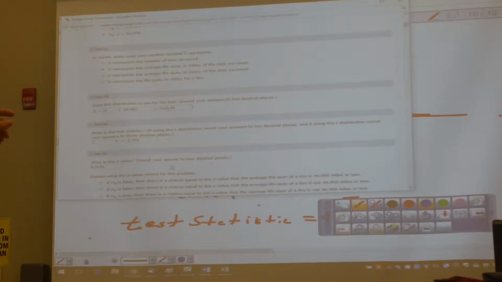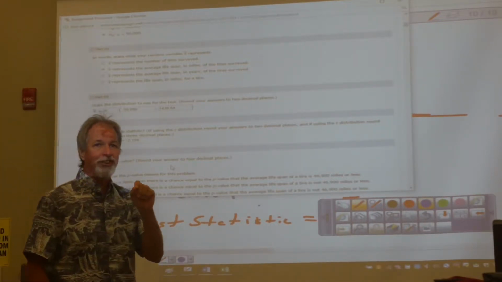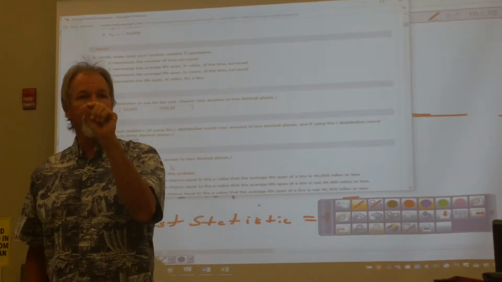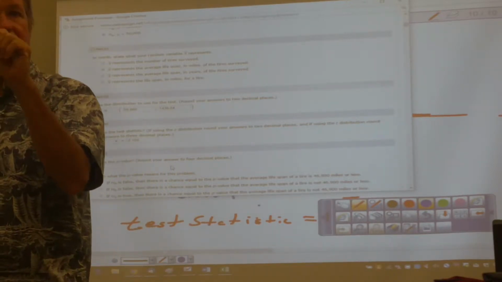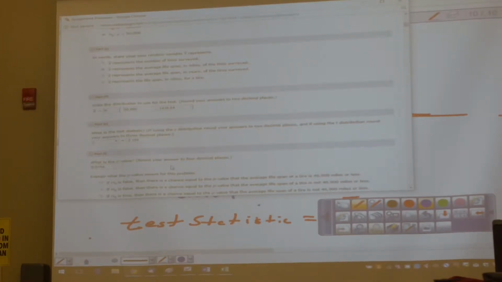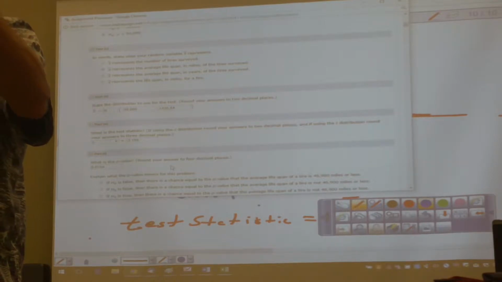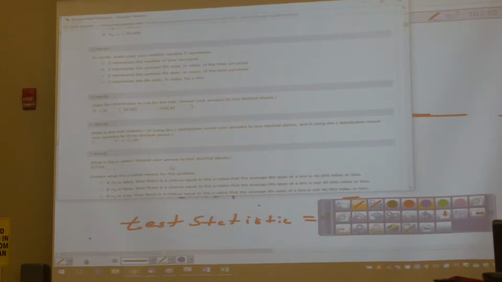Now what this is saying is the probability that I would get a mean that was that much lower than the 50,000 is about 1.5%. That calculated test statistic is so far away, I would only expect that to happen about 1.5% of the time. That's what the p-value is telling me.